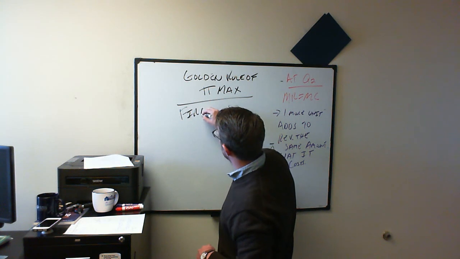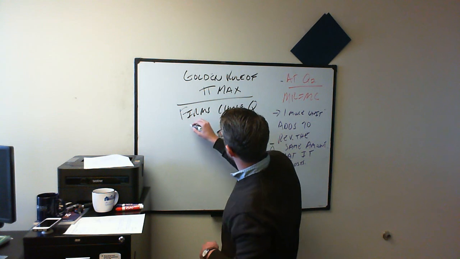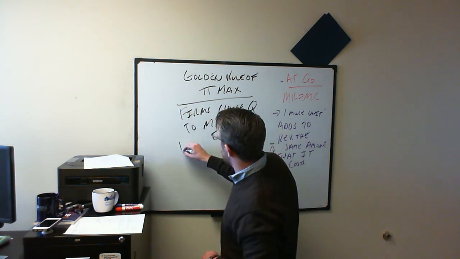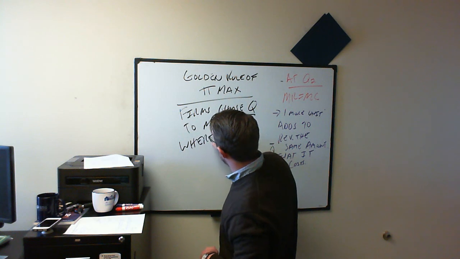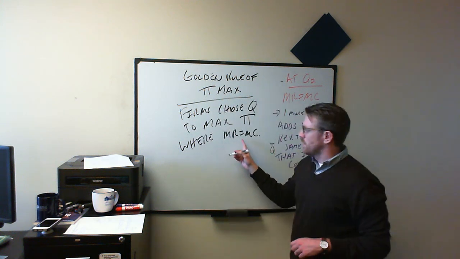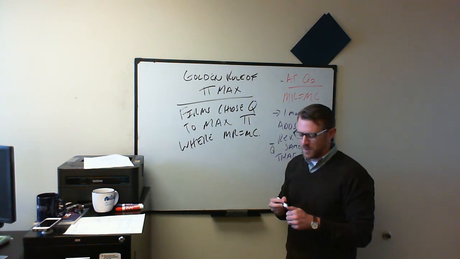Firms choose quantity to maximize profits where MR equals MC. To find Q star, you're going to find where marginal revenue equals marginal cost.